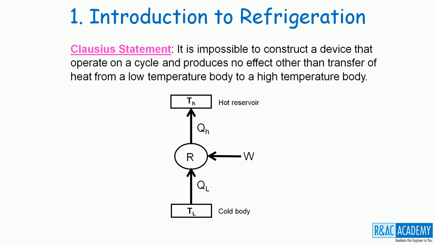But then, do we have any system existing at present which can produce refrigeration using heat energy as input? The answer is yes, and the example for that is the vapor absorption refrigeration system. On the other hand, the very popular example which produces refrigeration using work energy as input is the vapor compression refrigeration system.